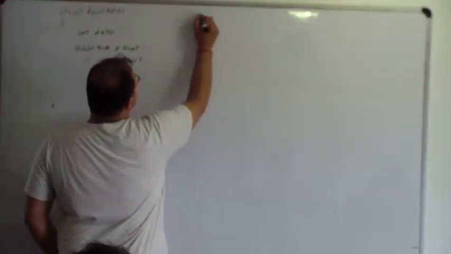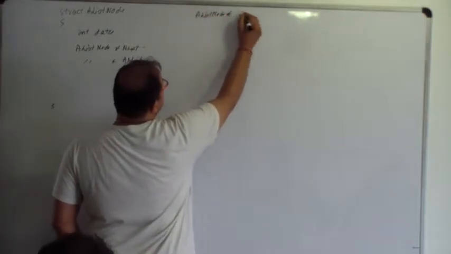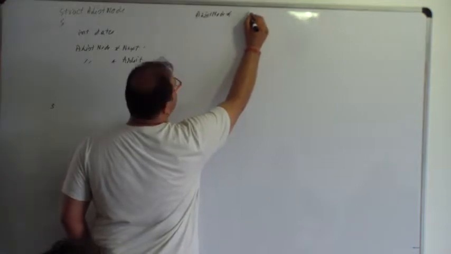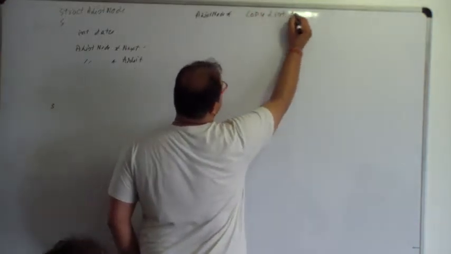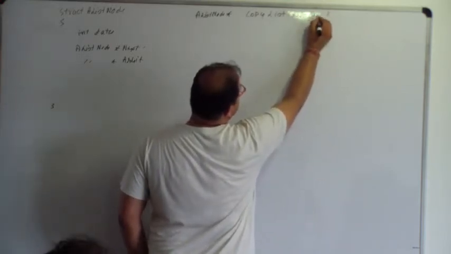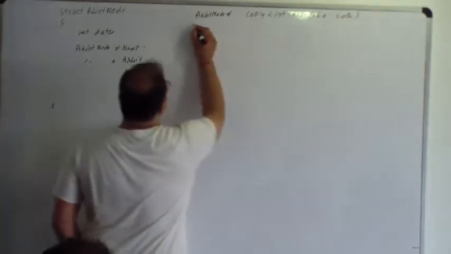We can just return a ListNode star, a copy of the list, a ListNode star node.